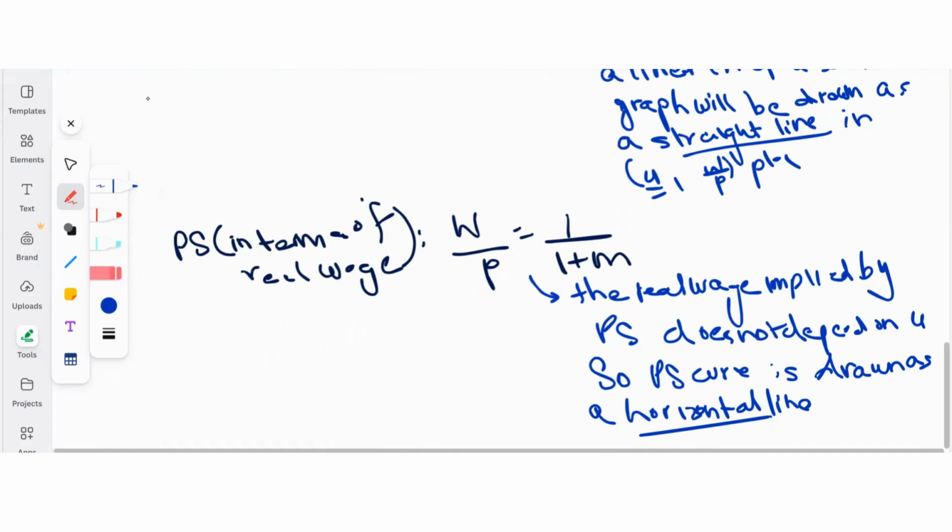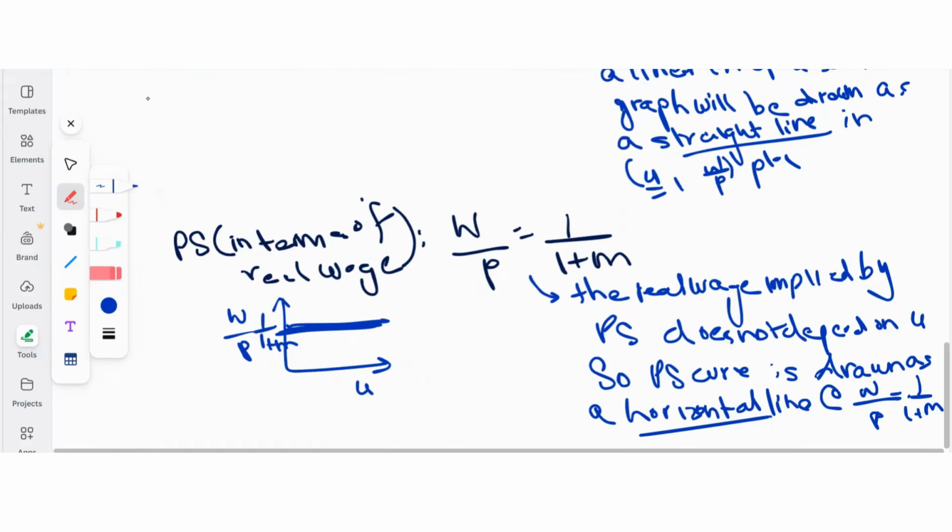It's drawn as a horizontal line at that level, and the reason it's a horizontal line and not a vertical line is because W by P is on the vertical axis. Regardless of whatever the unemployment rate is, the real wage implied by price setting is just 1/(1+μ). If W by P were on the horizontal axis, then it would have been a vertical line at that level.